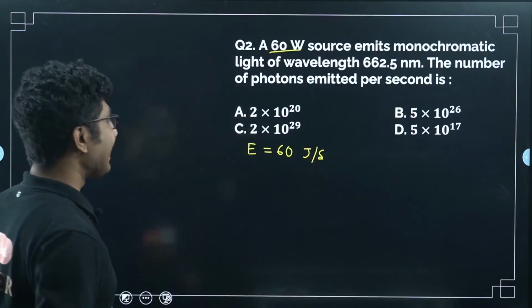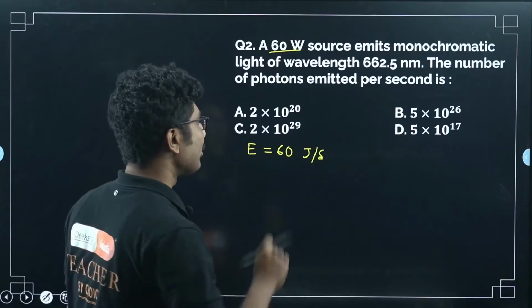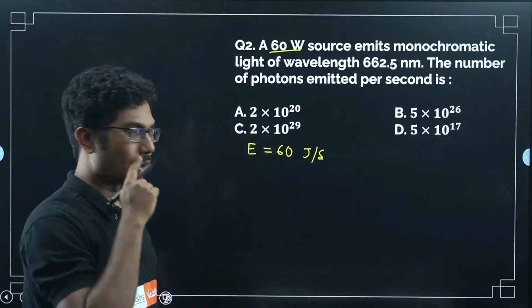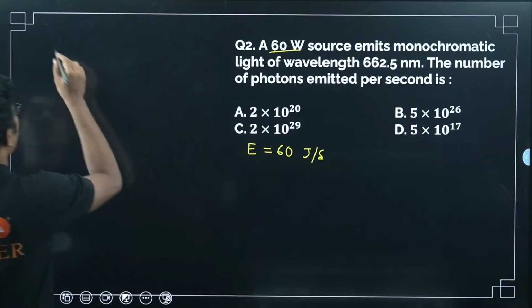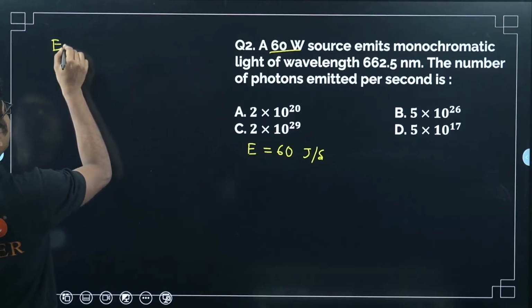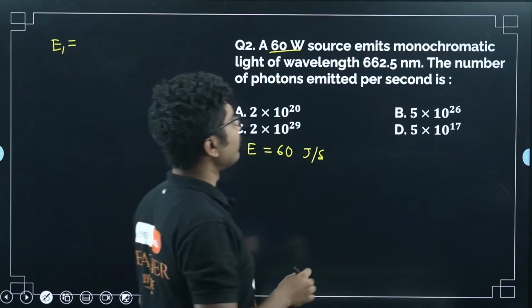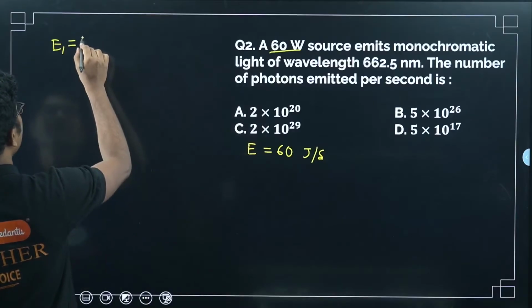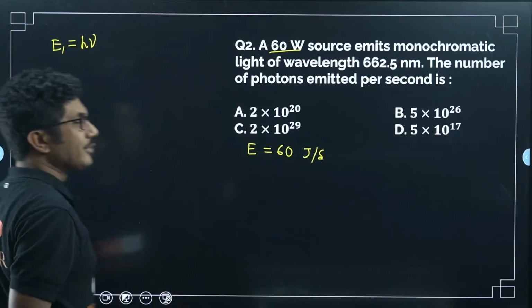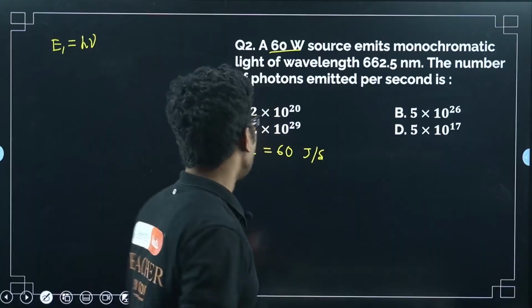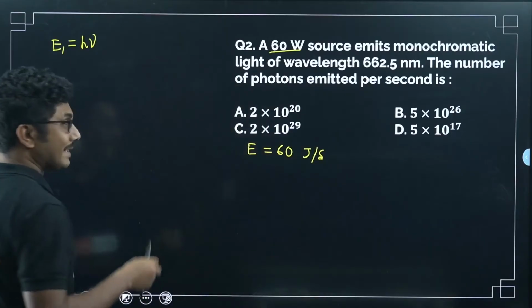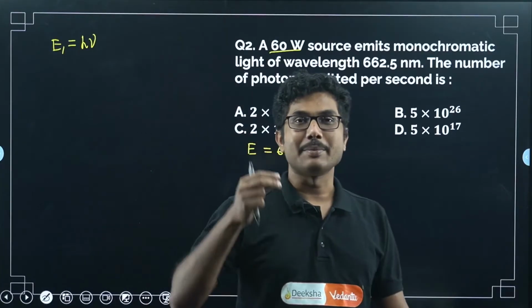Now what is the energy of one photon? We know that the energy of one photon is h nu, right? Now how many photons are there? Let's say n number of photons are being emitted per second.